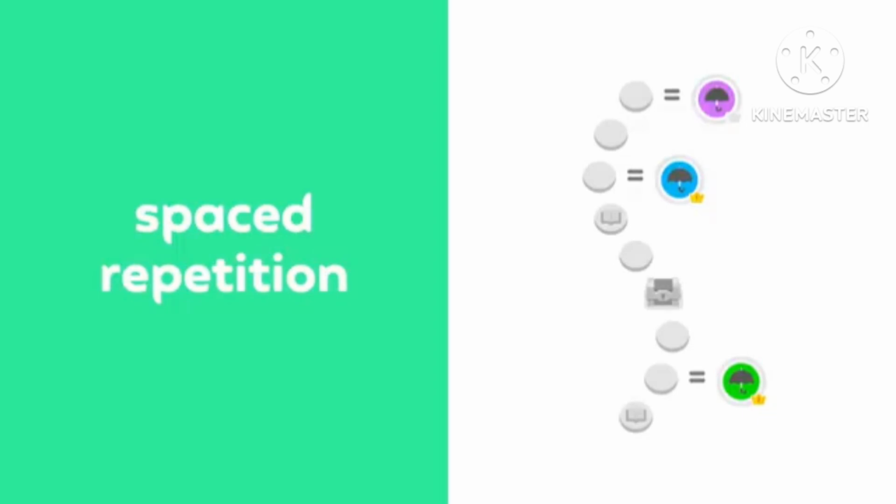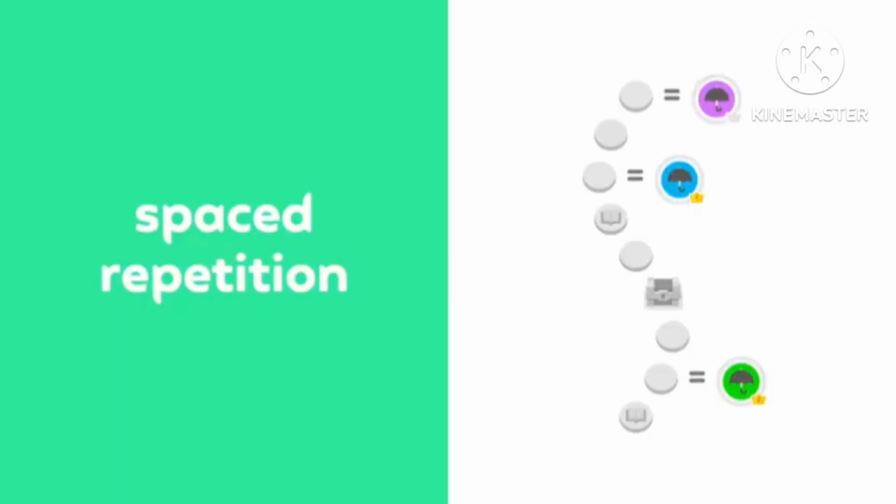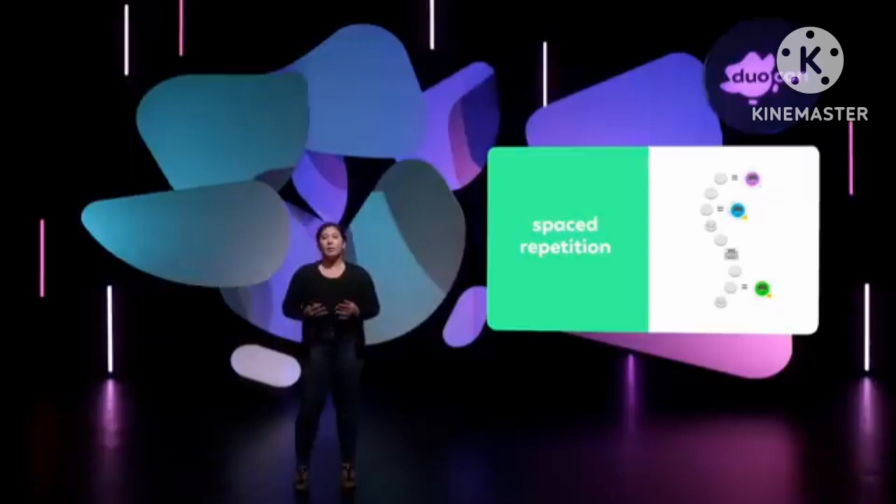It means that it is more effective to space out practice than to cram. Reviewing concepts at regular intervals helps it stick better in your long-term memory. Over time, we'll increase the space between your review as you gradually get better at it. With our guided path, we ensure that spaced repetition automatically happens for you.